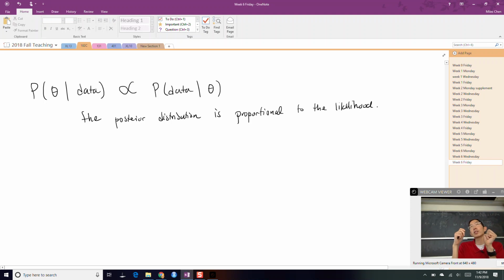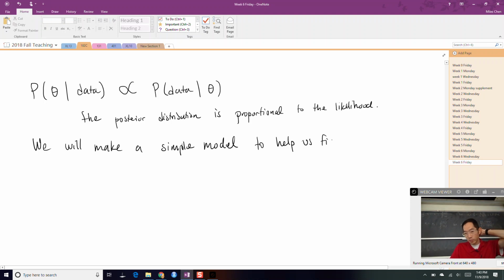And so this is where we have to come up with a simple model to represent what we believe to be likely versus unlikely values. So we will make a simple model to help us figure out what data is likely versus unlikely.